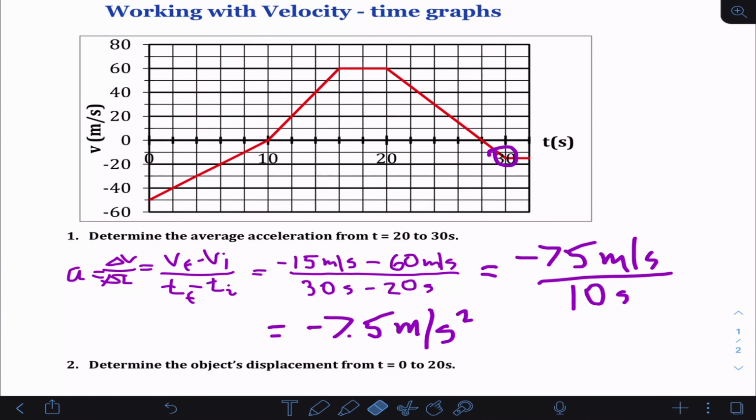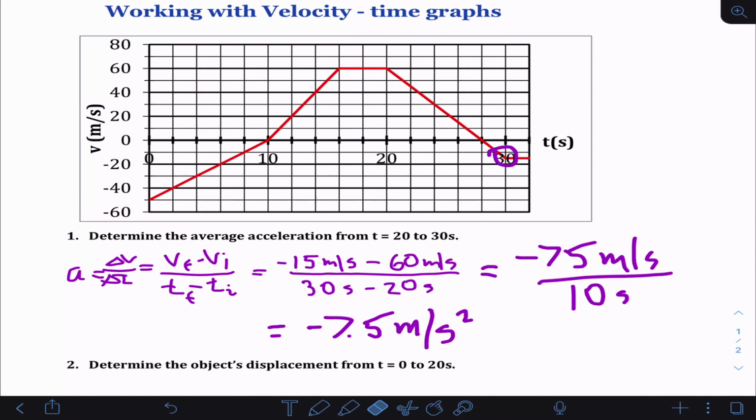The more challenging aspect is why we're making these shapes to calculate displacement. It's a technique I talk about in class, but there are certain graphs where if you multiply the value on the y-axis by the value on the x-axis, you end up with a unit that is recognized in physics as being an actual quantity.